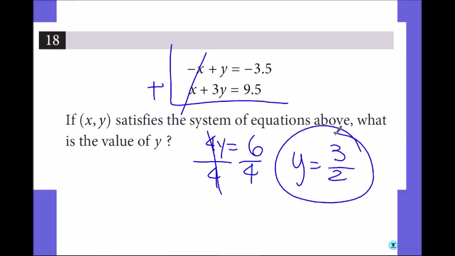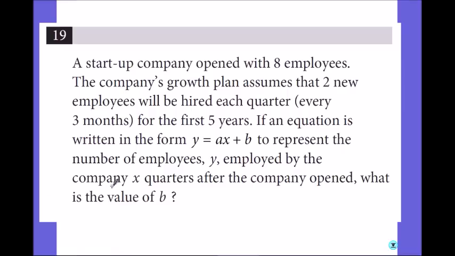19. A startup company opened with 8 employees. The company's growth plan assumes that 2 new employees will be hired each quarter, every 3 months, for the first 5 years.